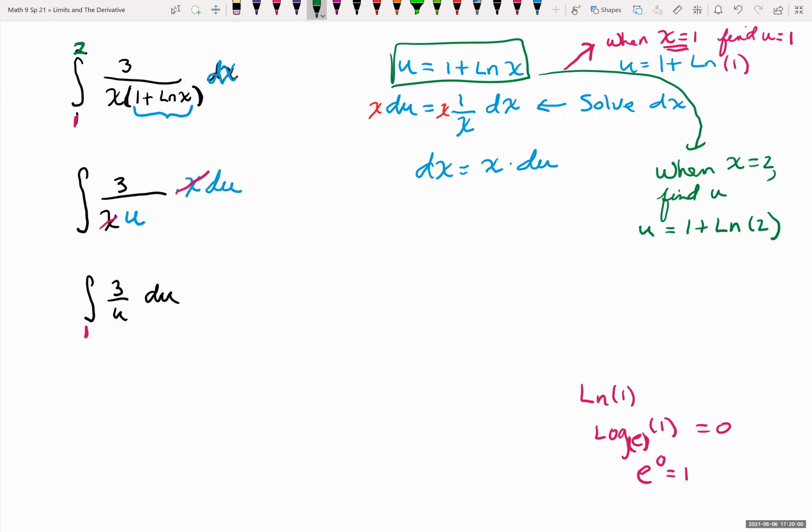Okay, so now we are all set. We can take the antiderivative of 3 over u. Using the properties of integration, we can think of that 3 out front, and so really all we're looking at is the antiderivative of 1 over u. That was that special case for the power rule where the exponent couldn't be -1. So we think to ourselves, what do I take the derivative of to get 1 over u, which is the natural log of u.